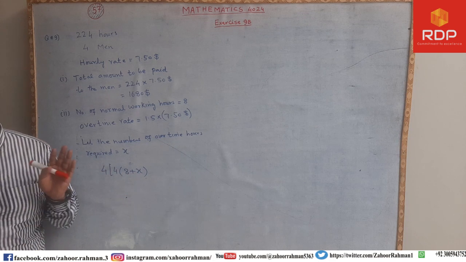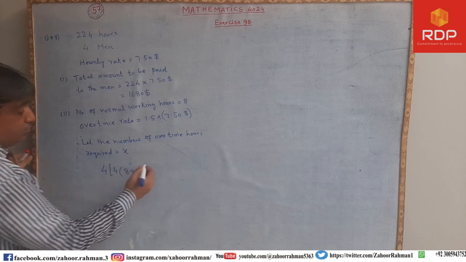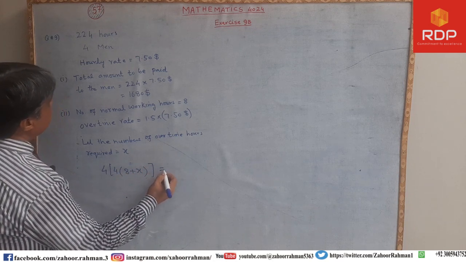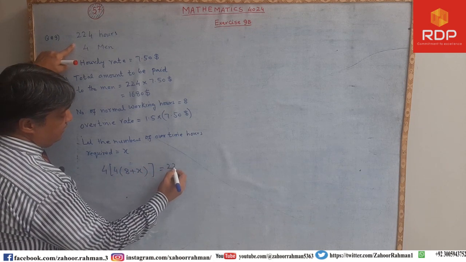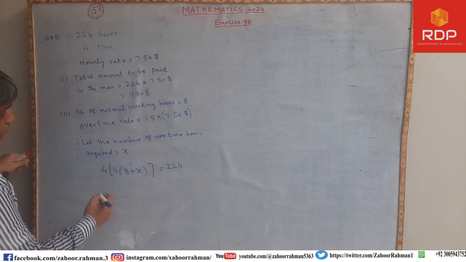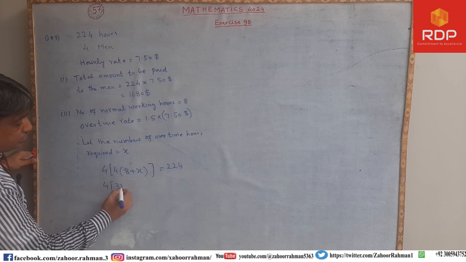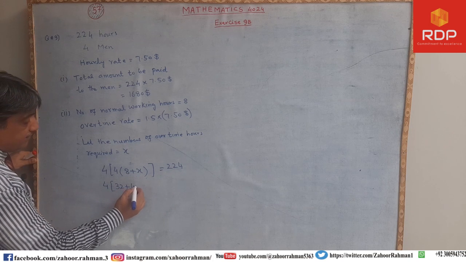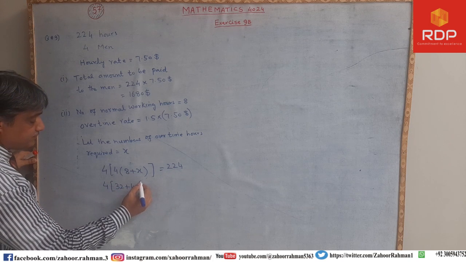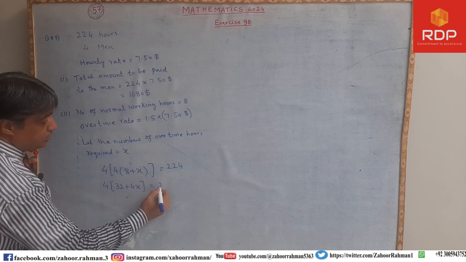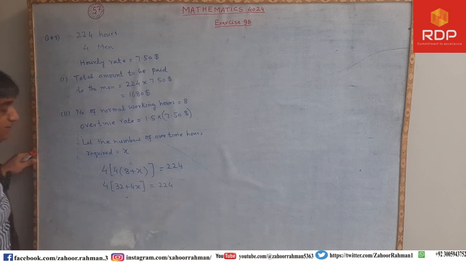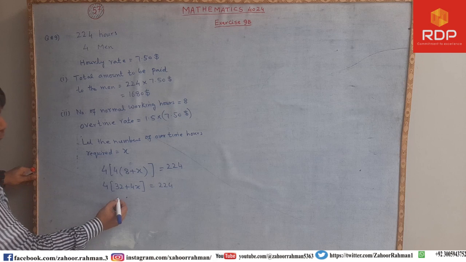They are doing it, and the total is equal to 224 hours. So 4 into 32 plus 4x is equal to 224.